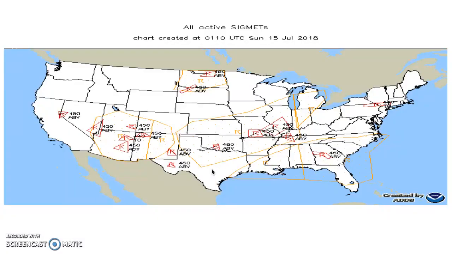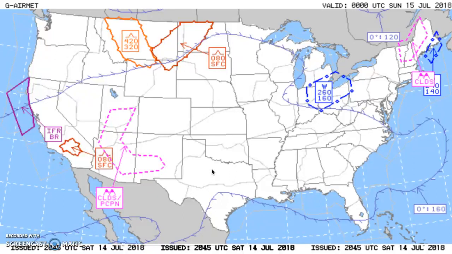Move on to SIGMETs. We've got quite a few SIGMETs, mostly thunderstorms and turbulence. Got a thunderstorm SIGMET in North Dakota and turbulence. All that is 45,000 feet and above though, so should not affect us here flying at UND. Move on to the G-AIRMETs.